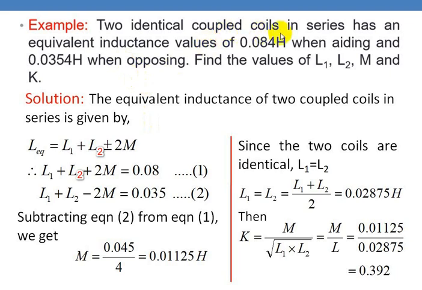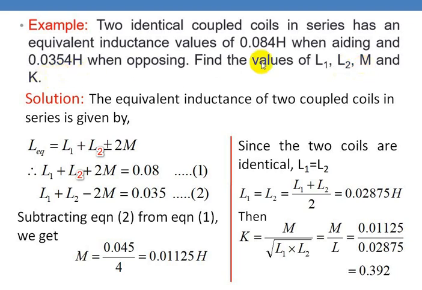Two identical coupled coils in series have an equivalent inductance of 0.084 Henry when aiding and 0.0354 Henry when opposing. Find the values of L1, L2, M and K. So L1 is the self-inductance of coil 1, L2 is the self-inductance of coil 2, M is the mutual inductance, K is the coefficient of coupling.